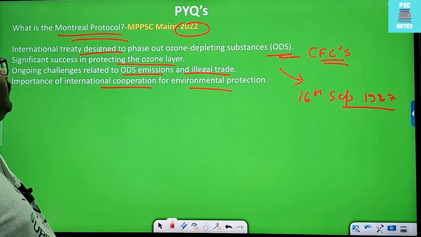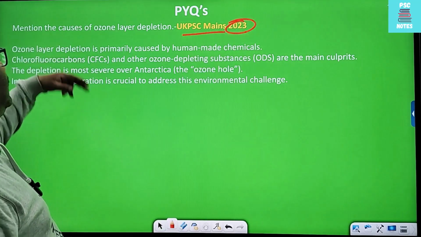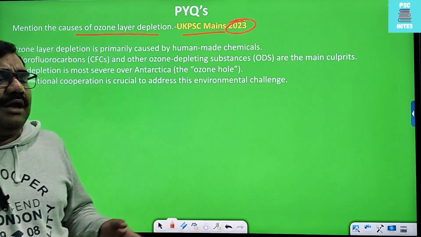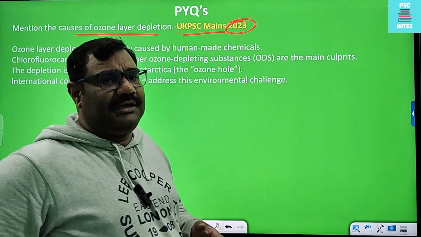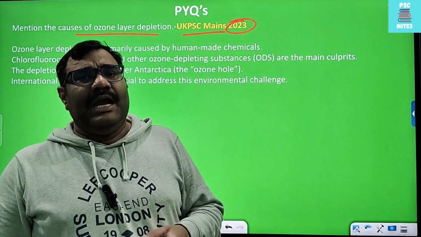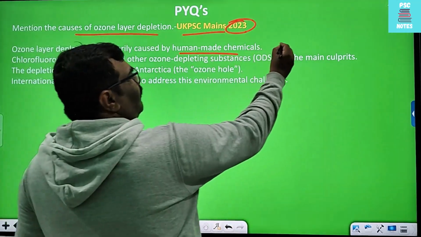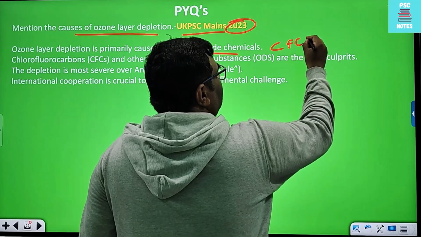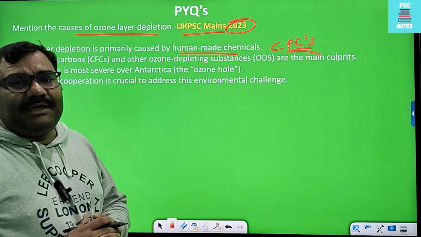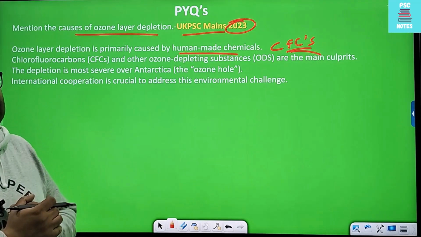Now, coming to the next question, which was asked in Uttarakhand PSC Mains 2013, it mentions the causes of ozone layer depletion. So one is the natural depletion of the ozone layer. It is a natural process which depletes and further creates the ozone layer. But human chemicals like chlorofluorocarbons or halogens have increased the rate of depletion of the ozone layer, and ozone depleting substances are the main culprit.